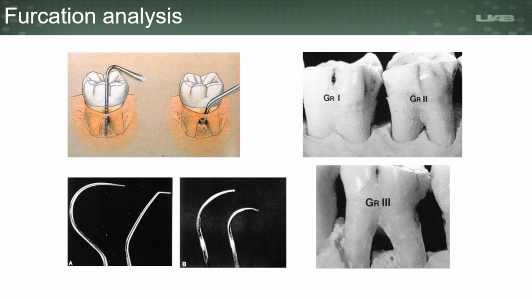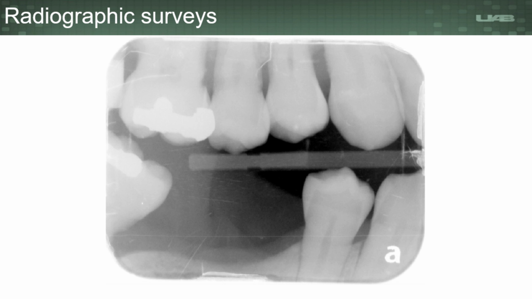In addition to our probing, we take radiographic surveys. And I want to talk a little bit about the surveys that best capture that. If we take a bitewing radiograph, we have the best opportunity to capture the crest of the bone in the appropriate relationship with that tooth, because the bitewing radiograph is easy to position parallel to the long axis of the tooth with the x-ray beam coming in perpendicular.